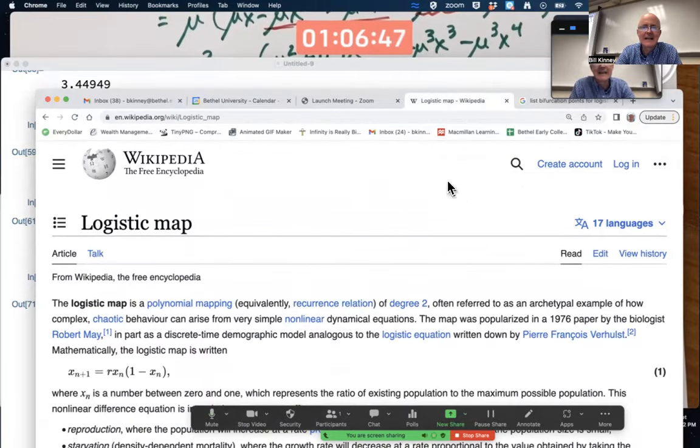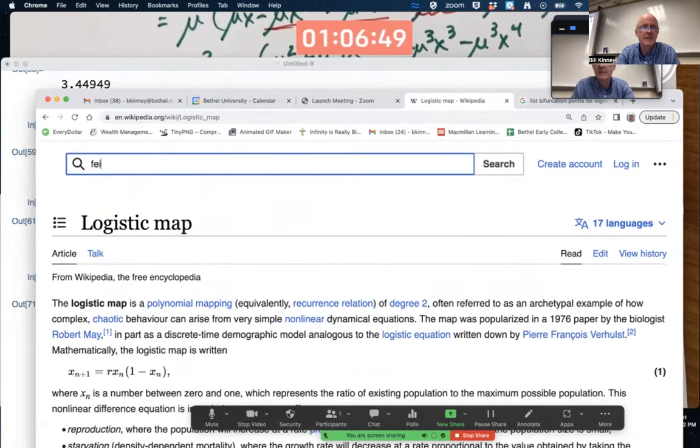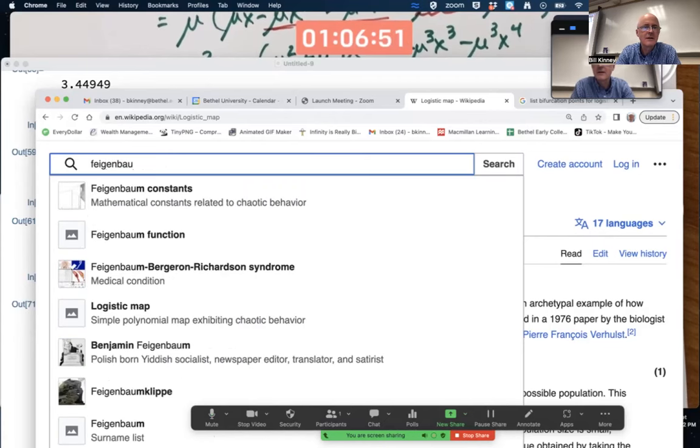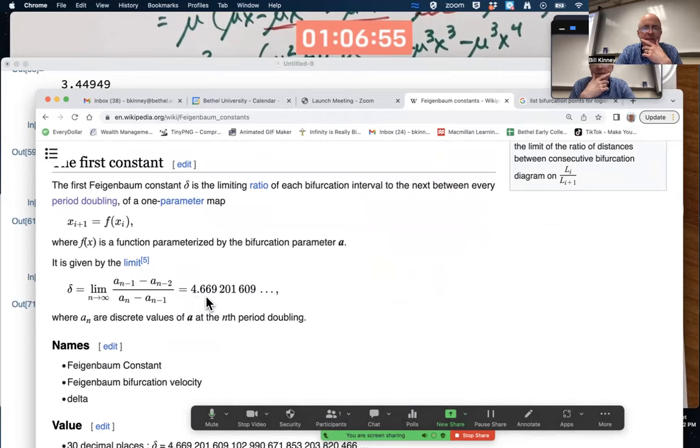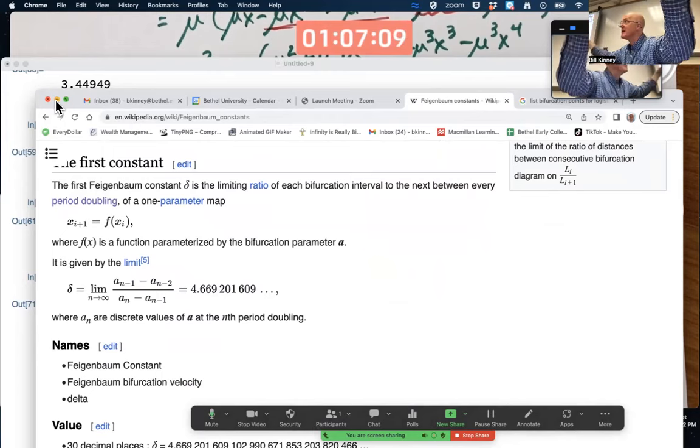Let's just look up Feigenbaum constant. The first Feigenbaum's constant is 4.669. And the amazing thing about all this is that this is supposed to be a universal constant. In the Veritasium video, they talked about how it comes up in lots of physics problems.